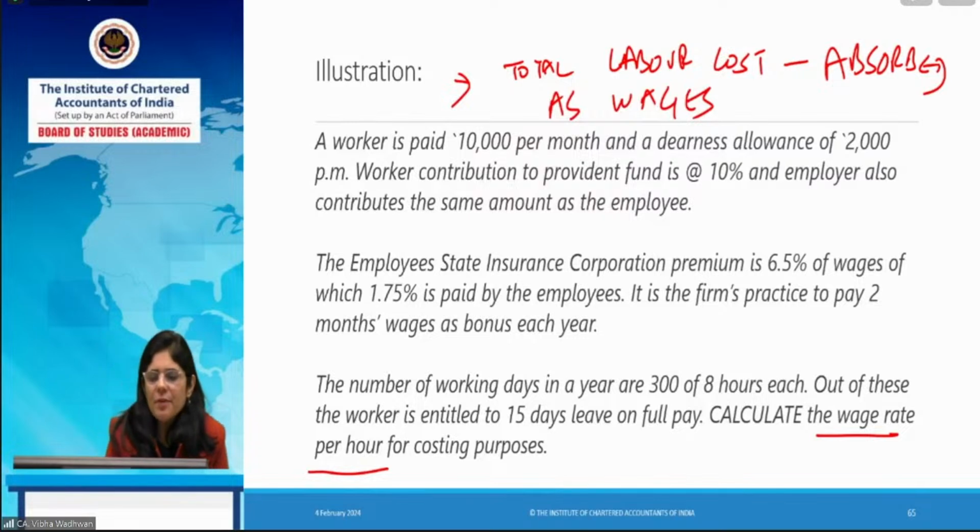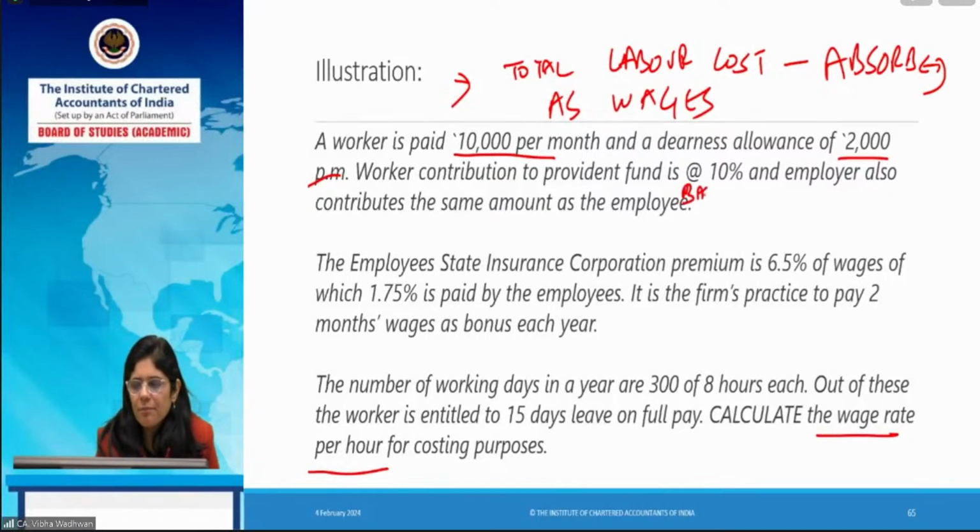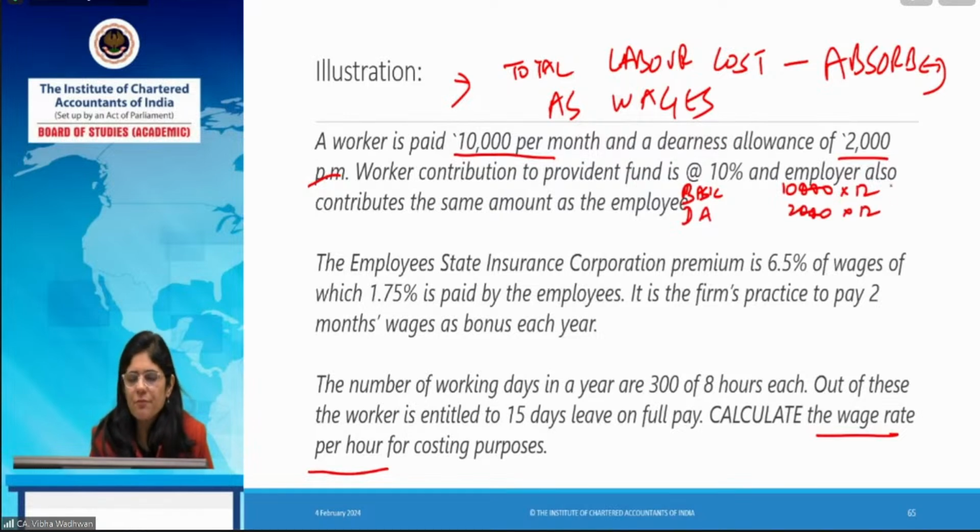A worker is paid 10,000 per month and a DA of 2,000 per month. So basic is 10,000 per month, into 12, and DA is 2,000 per month, so 2,000 into 12.